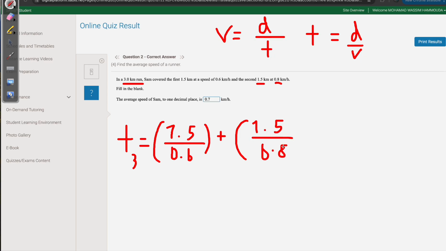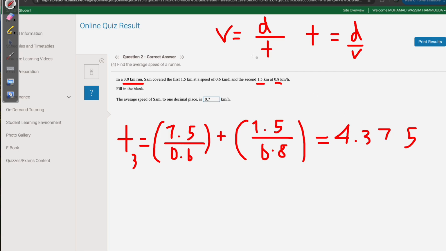So 1.5 over 0.6 plus 1.5 over 0.8 will be equal to 4.375.